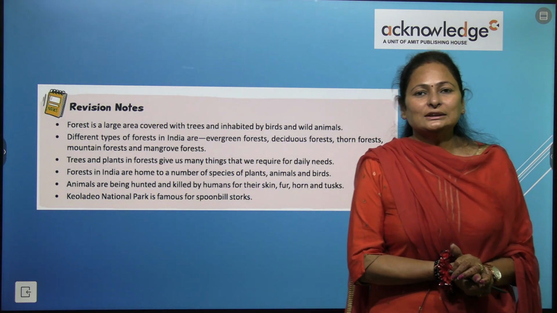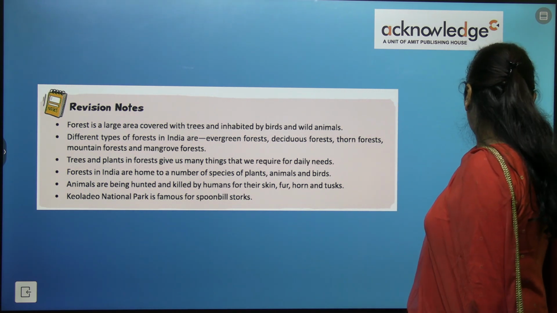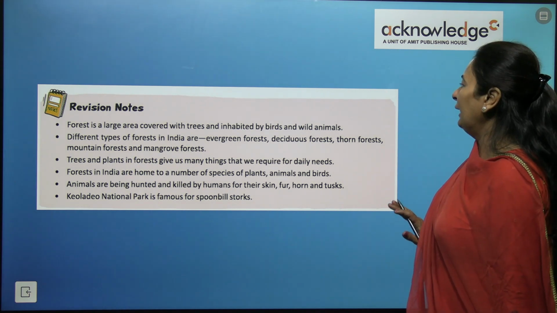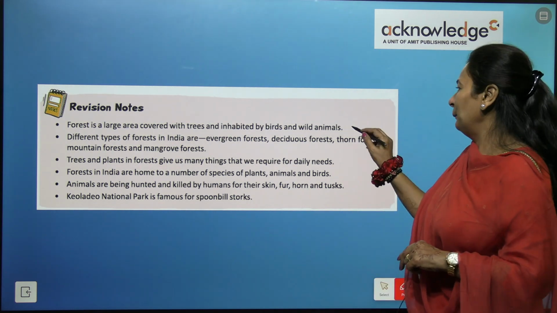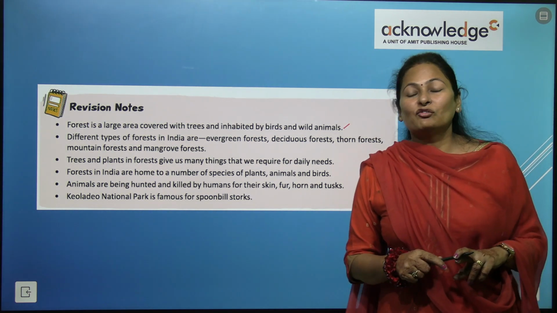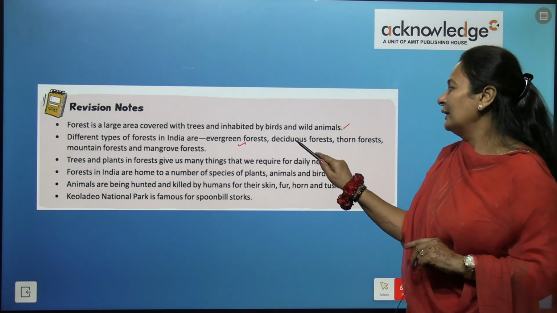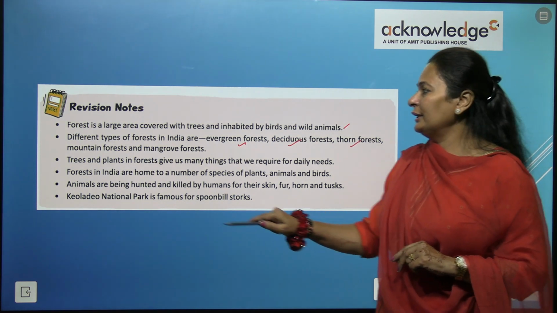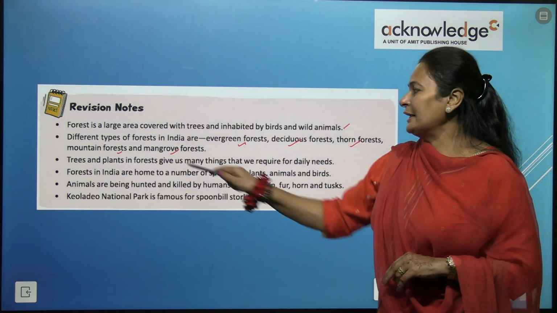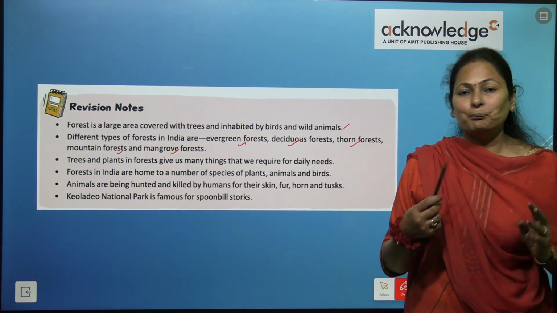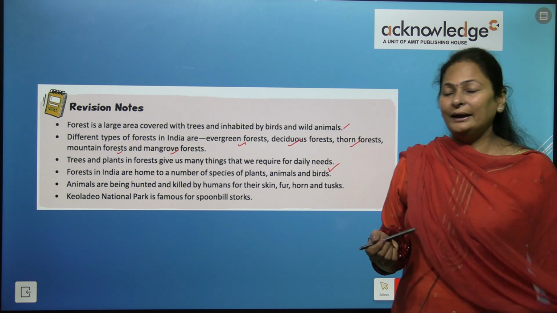So that's all for this chapter, kids. Time to revise what we have learned. Forest is a large area covered with trees and inhabited by birds and wild animals. This is called forest. Different types of forest in India are evergreen forest, deciduous forest, thorn forest, mountain forest and mangrove forest. Trees and plants in forests give us many things that we require for our daily needs.